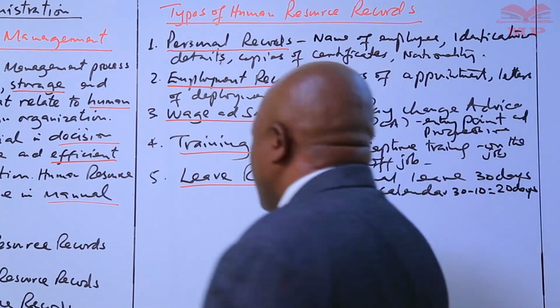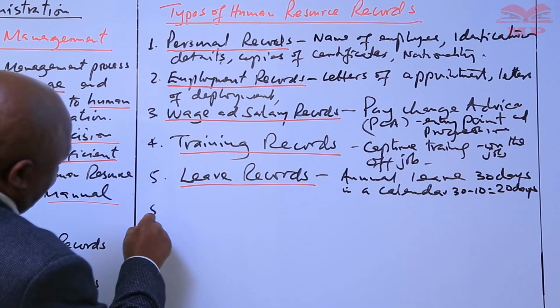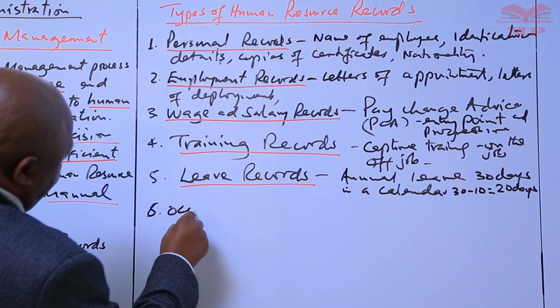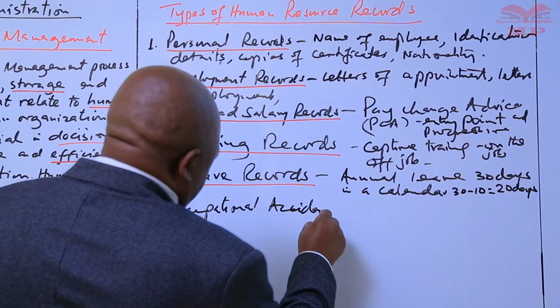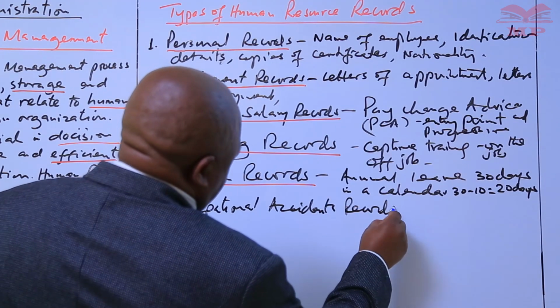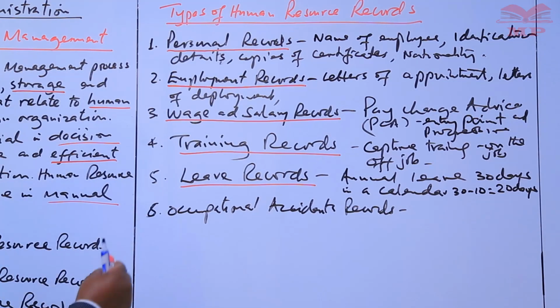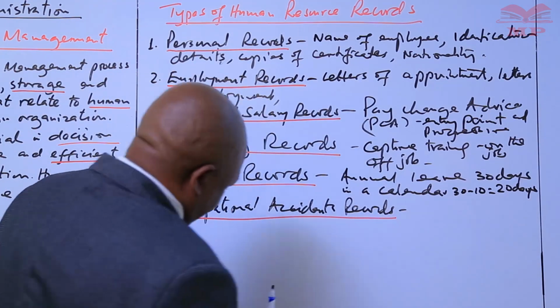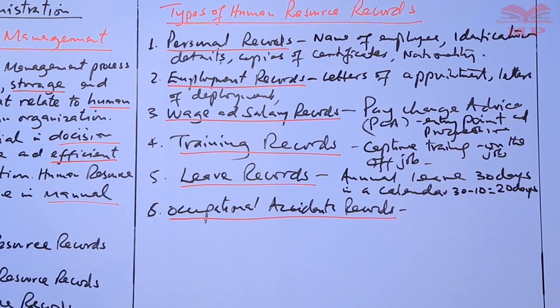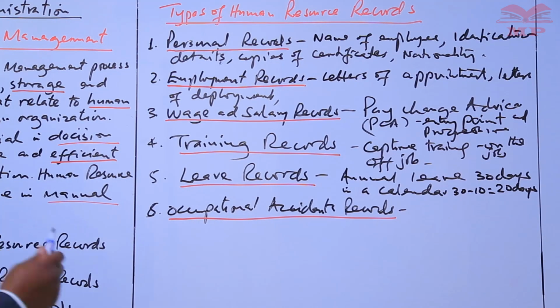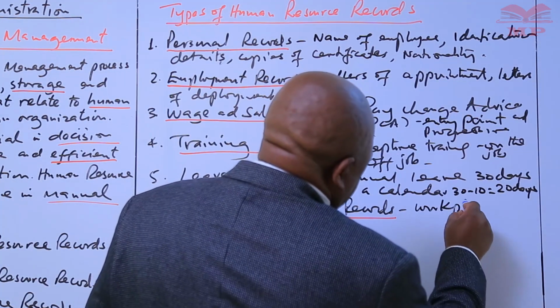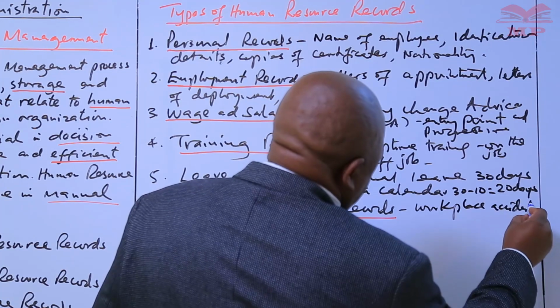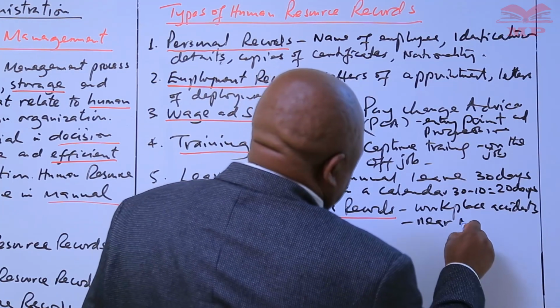Then you may also have what you call occupational accident records. So according to the Occupational Safety and Health Act, it is important that within the human resource department or within the organization, records are captured in relation to workplace accidents, or what you call near misses.